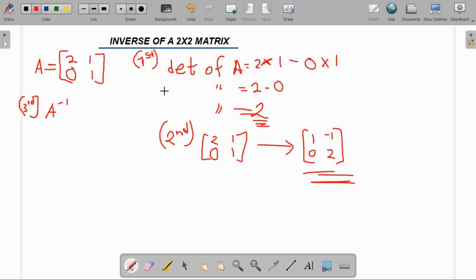So this is the third step. Now the third step: multiply 1 over the determinant of A by the new matrix which you have been given.